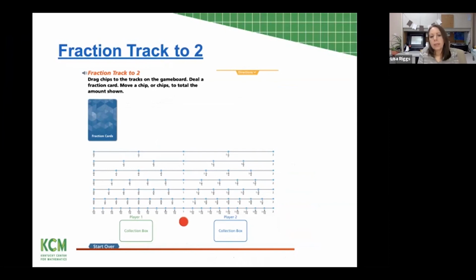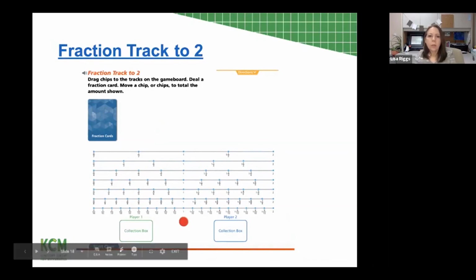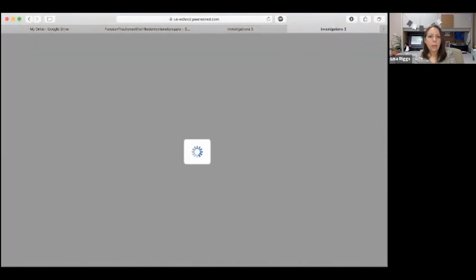So it is the same principle, but they are using mixed numbers and building to 2 in this game. And that is linked right there in the presentation. And I have the worksheet that goes with this as well. So you might take a little quick look at how that goes.